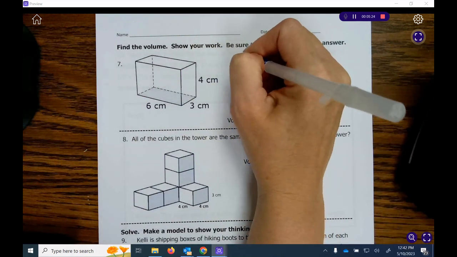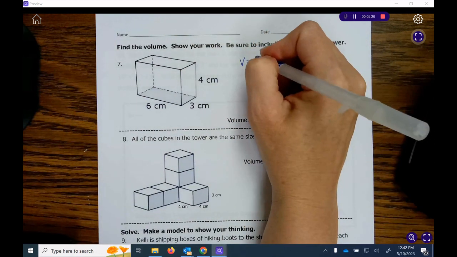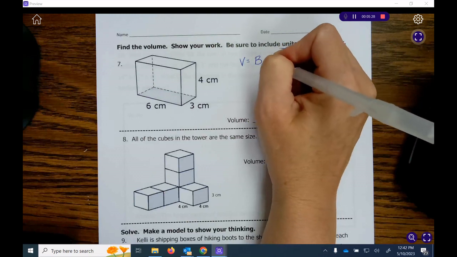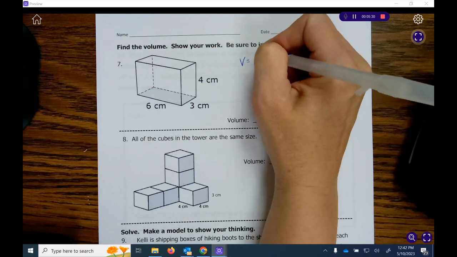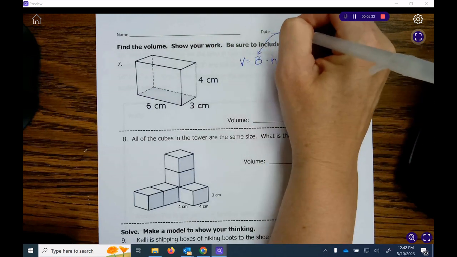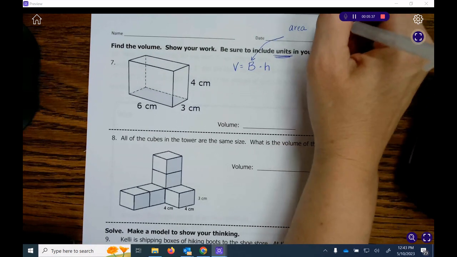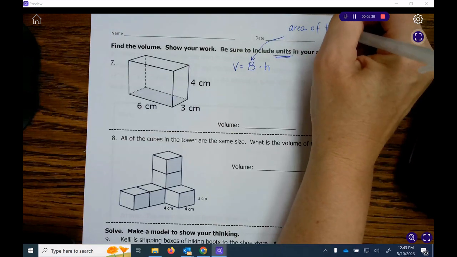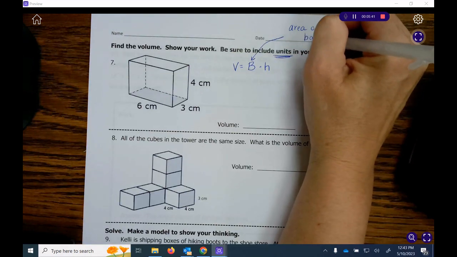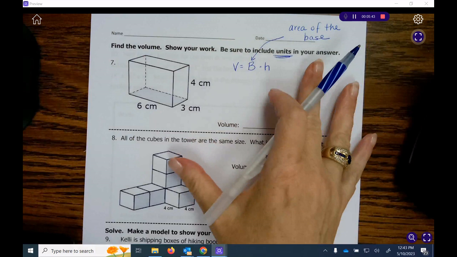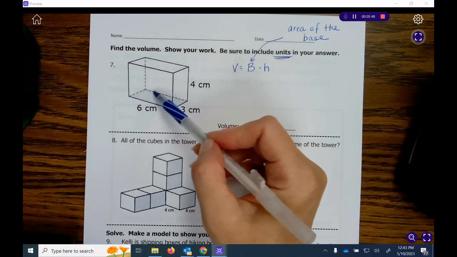Now, volume. We know that volume is the area of the base times the height. This is area of the base. In this case, the shape of the base is a rectangle.